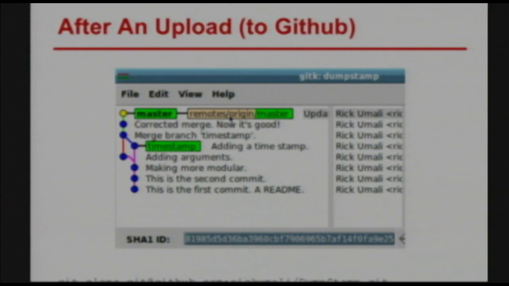It creates another, for lack of a better word, label. In the parlance, it's actually another branch called your remote branch, which has master, but is associated with this origin. But that's all a technical detail. The key is that your repository has kept track of the fact that you're someplace else as well.